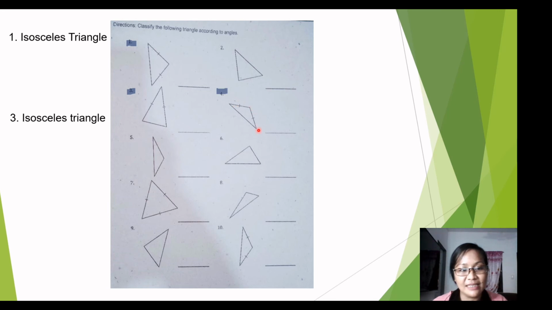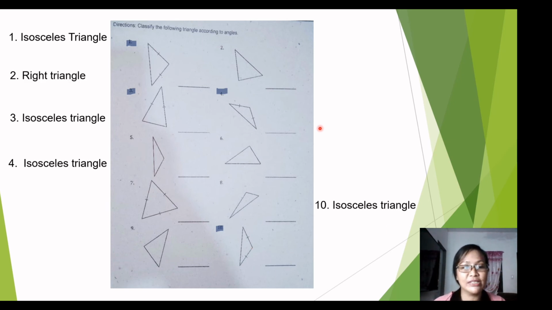This side and this side are congruent because of this line. This line means this side and this side are congruent. Therefore, number 4 is an isosceles triangle. Number 10 is also an isosceles triangle since this side and this side are congruent.